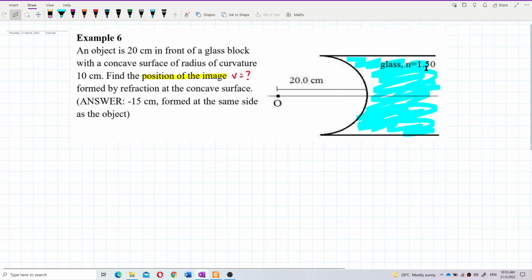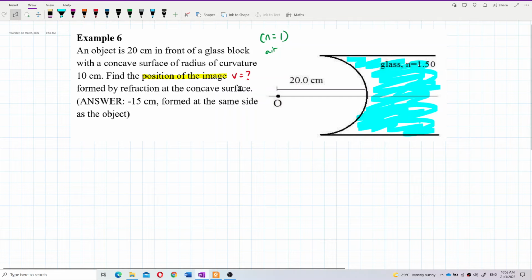They already give you the refractive index of the glass. Refractive index of the air normally is 1. Refractive index of the glass is 1.5 or sometimes 1.52.